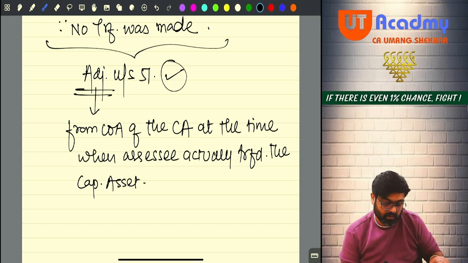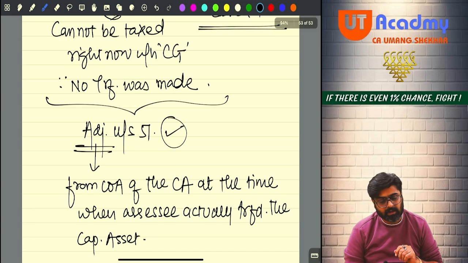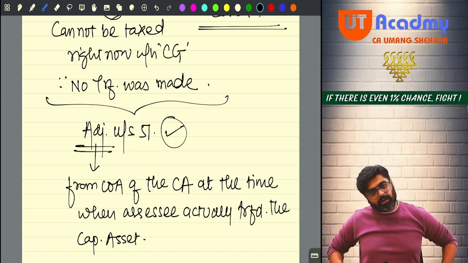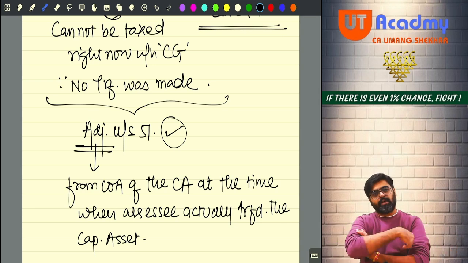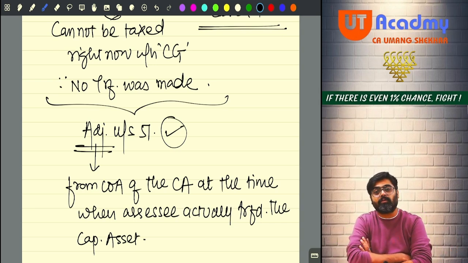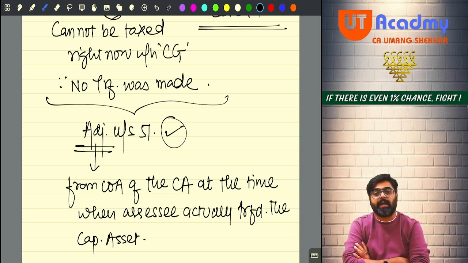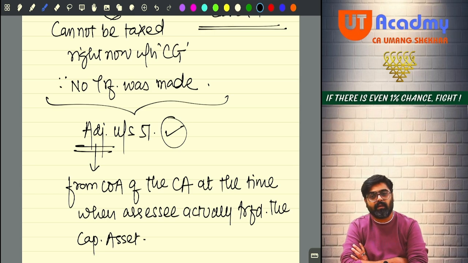Meaning that if we could not tax it right now under the head capital gain, no need to worry. Still we will be able to charge it under the head capital gain, because whenever the capital asset is actually transferred by you, at that time to calculate your capital gain, you will reduce the cost of the asset, no? Out of that cost, this amount will be removed.